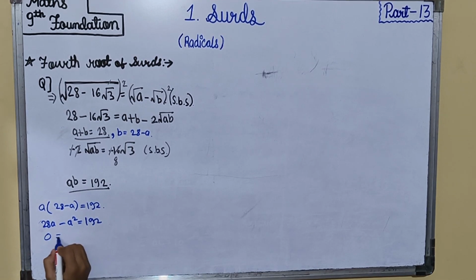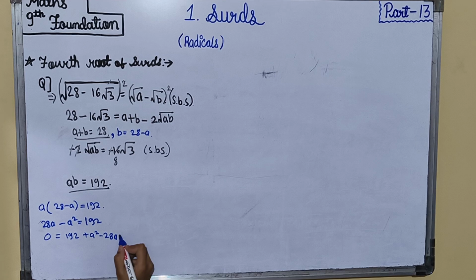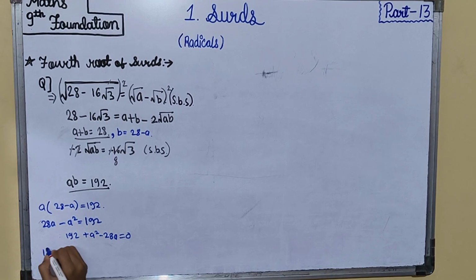So 0 would be equal to 192 plus a square minus 28a. Like this we'll write. This type of single variable term should be in between. So 192 minus 28a plus a square is equal to 0.